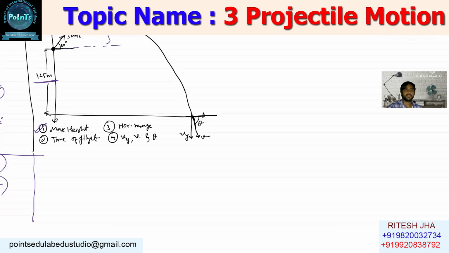Now after that you need to do the time of flight. Use proper vector notation and the right sign convention, and then decide which formula to take. At this particular point, let's say point A, you are given the speed. You will resolve this 50 meters per second into horizontal and vertical. You know the vertical speed, so that will be the initial vertical velocity.